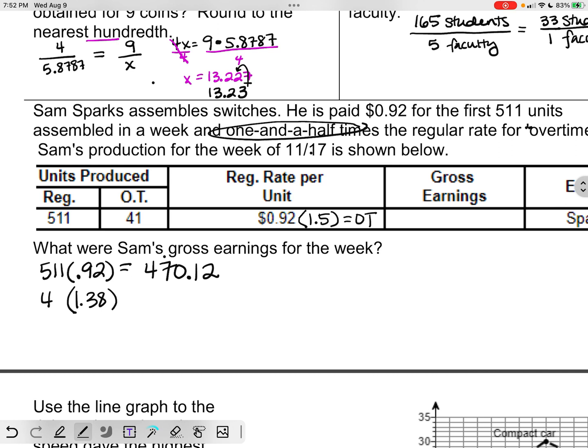Please multiply that by the 41 that's listed right here. That would produce a product of 56 and 58 hundredths. Take both of these and add them together, and you're going to get 526.7. It needs to be money, so your gross earnings, like that total pay, would be 526.70.